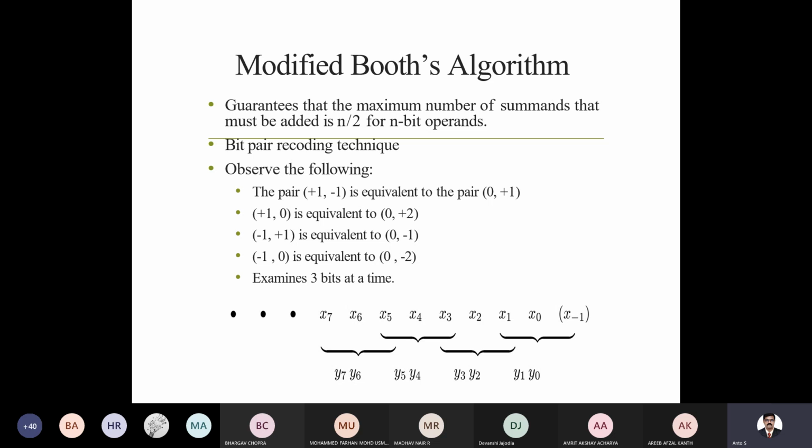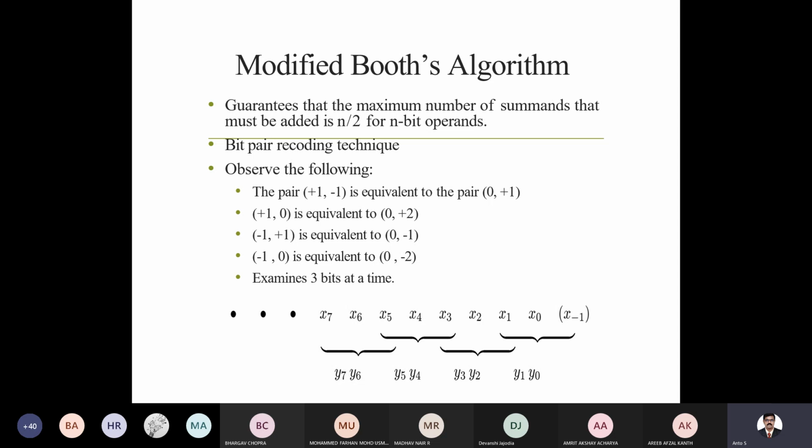Here you can see the digits or positions of the multiplier. How will it start in binary? Start with 0. X0 is the LSB, the least significant bit. So it starts from X0, then X1, X2, X3, going from the least significant bit. And we are adding X minus 1 on the right hand side of X0.